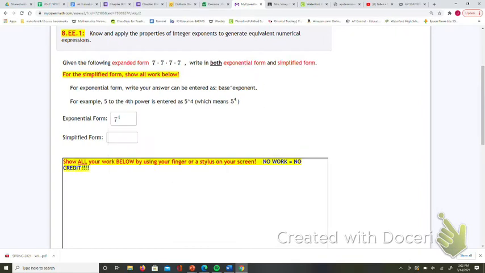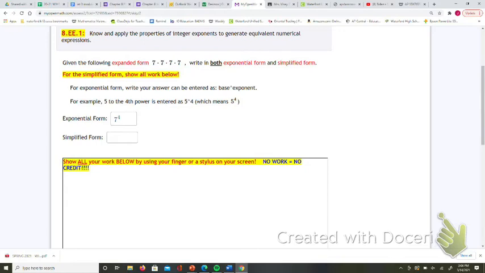Now we are supposed to write the simplified form. You'll notice that there's no calculator here. The reason for that is because when you take the standardized testing and they give you questions like this, there's not a calculator. So they do expect you to be able to do it without a calculator. So what are we doing?